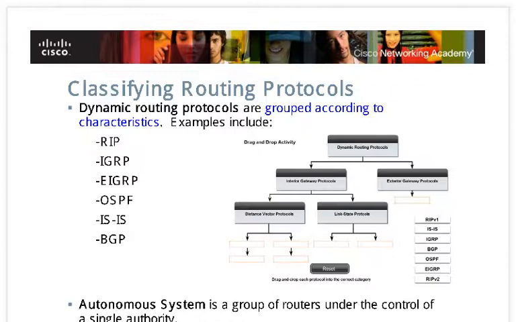Because you would need a huge amount of routing tables in every router, and it's really not possible. When it comes to routers that belong, for example, to Ooredoo or Vodafone, it makes sense that they are all using the same routing protocol and exchange information with each other.